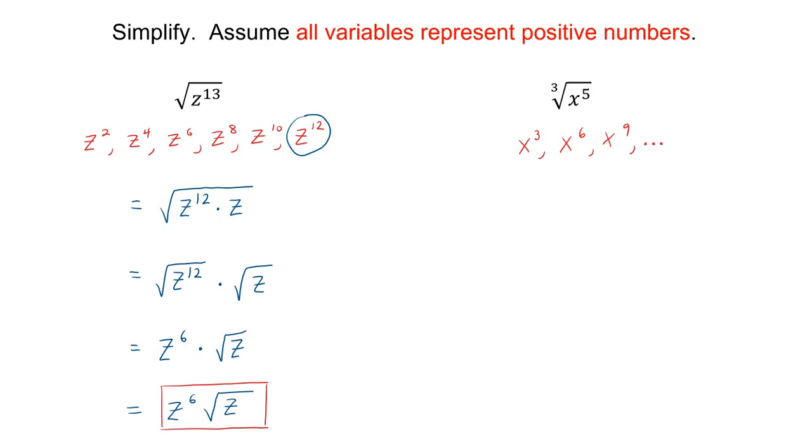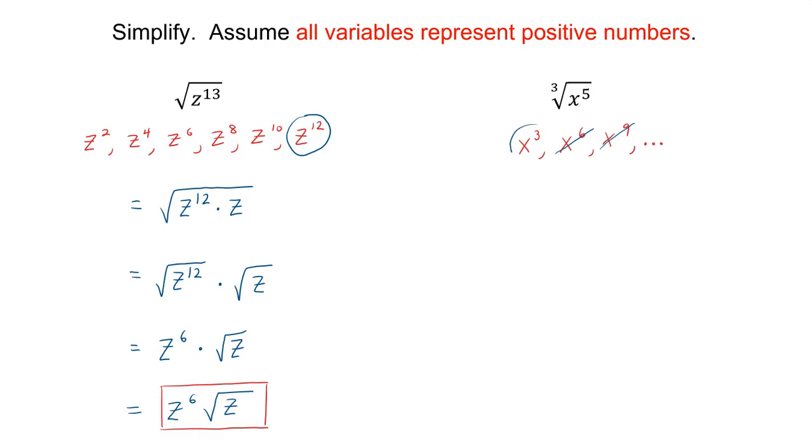Now the question is, which one of these is the biggest perfect cube that will evenly divide x to the 5th? X to the 9th is too big because there's too many x's there to be able to divide only x to the 5th. Same thing with x to the 6th. Too many x's there to evenly divide x to the 5th.